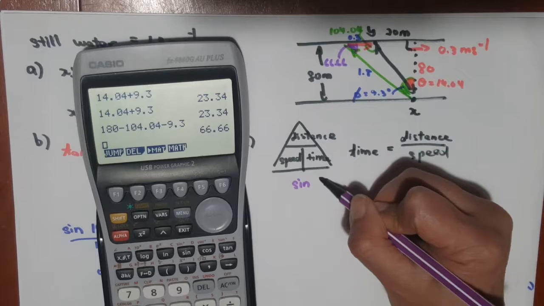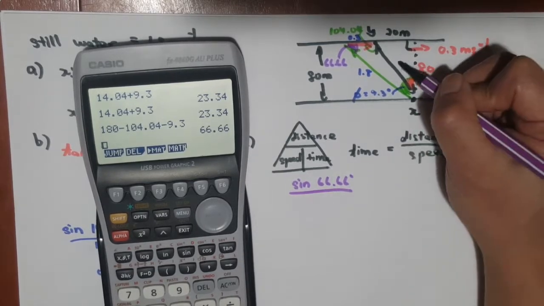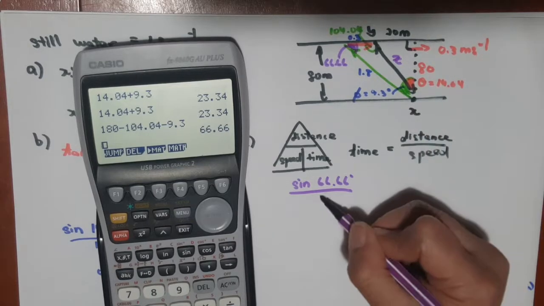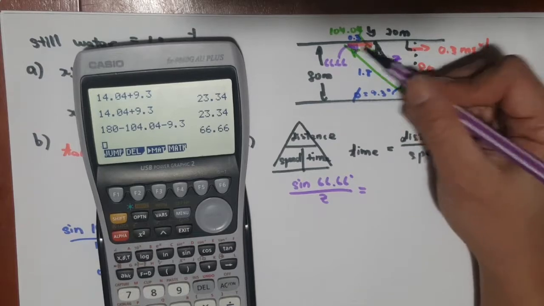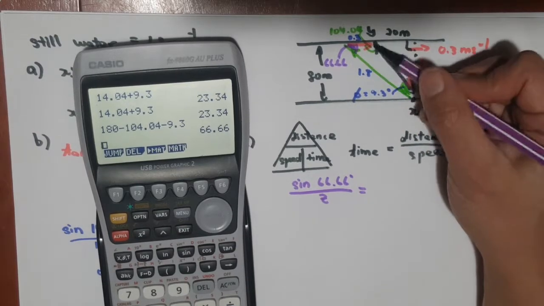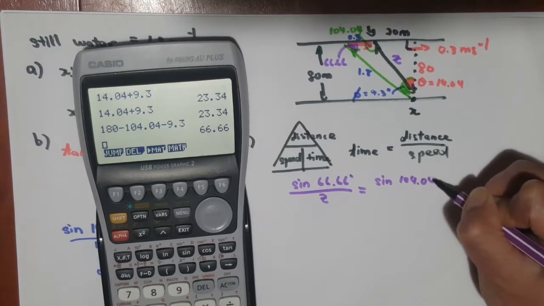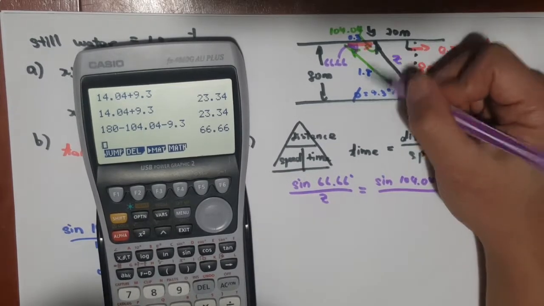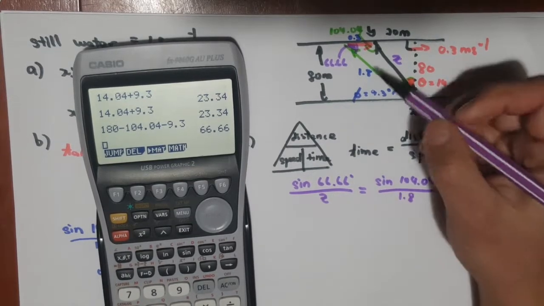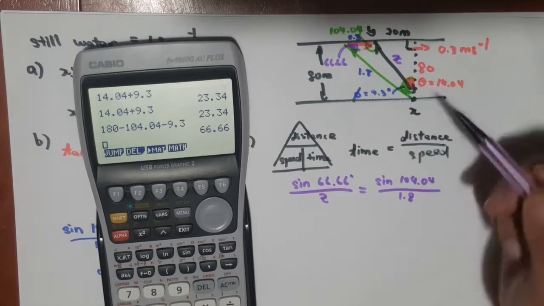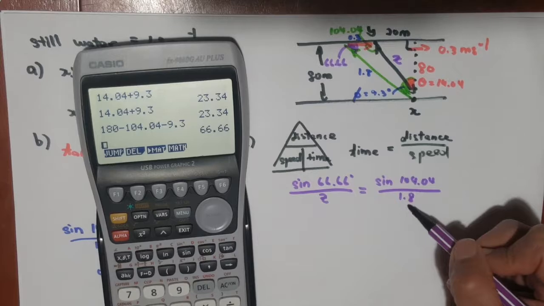In order to get the speed here, we can use the sine rule. So sine 66.66 divided by the distance, let's say the distance z, is equal to, since we have taken this pair, we can pick another pair, for example this one, sine 104.04 over 1.8. The reason why I'm taking the blue one is because we need to find the speed, so it's the speed that I'm putting here.